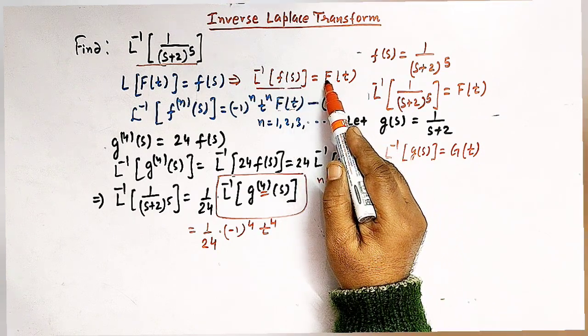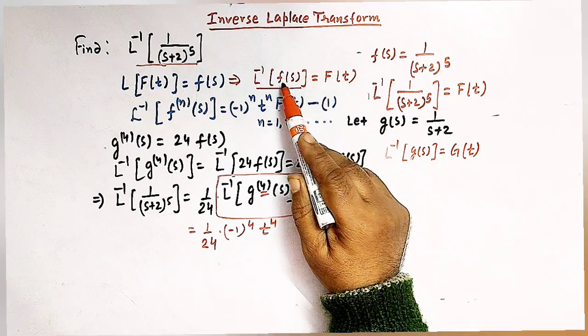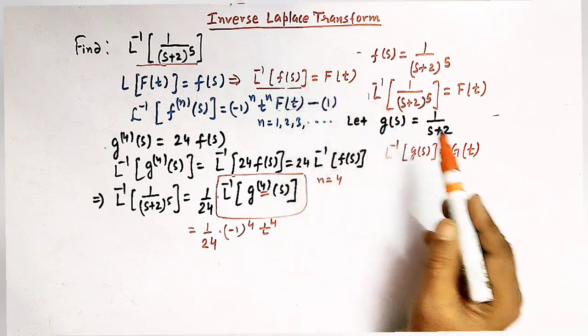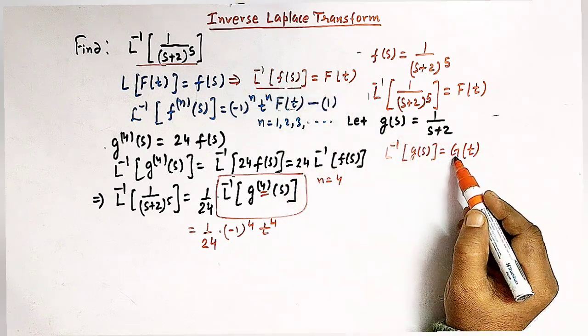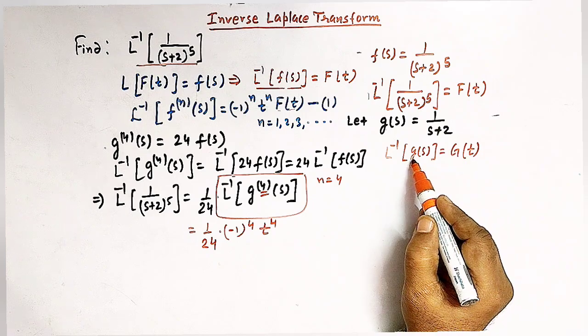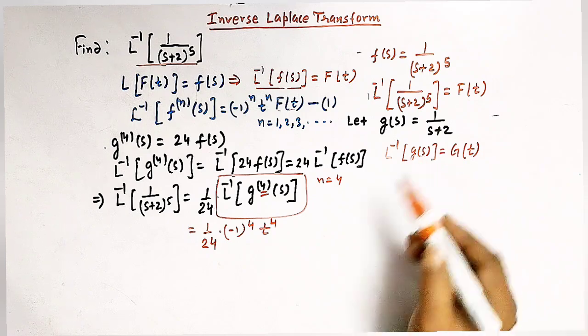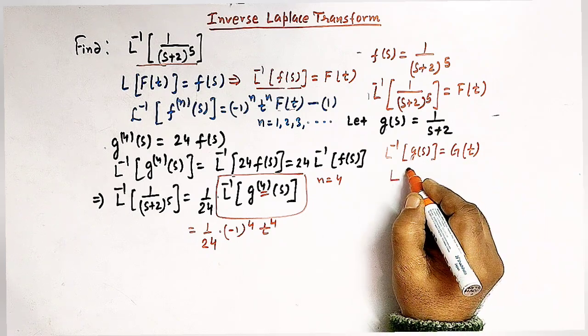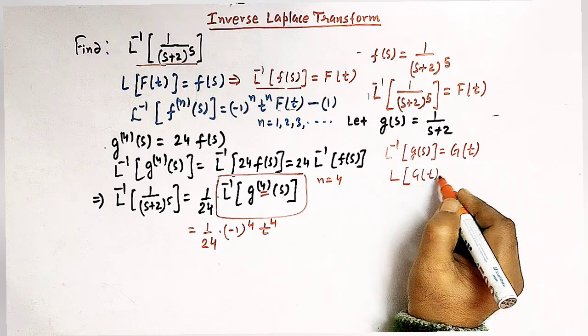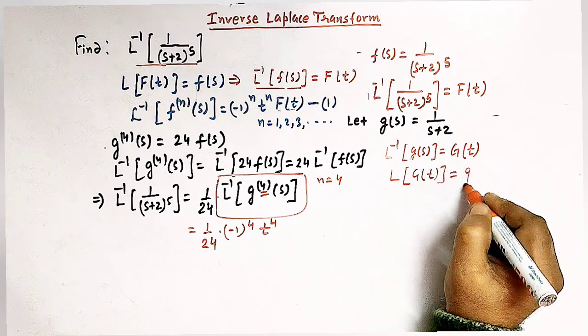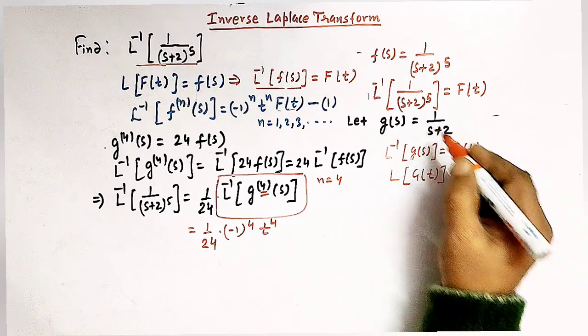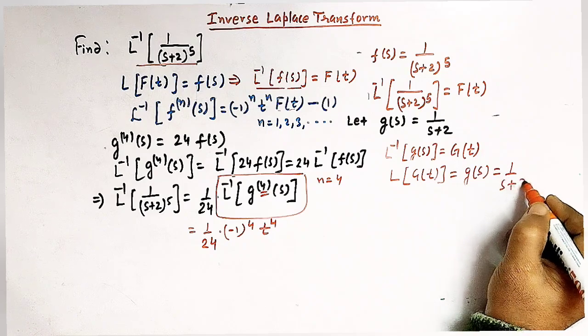So here we are taking capital F of t and small f of s, and here we have capital G of t, and here we have small g of s, right? So we can now write the Laplace transform of this function G of t is equal to g of s, that is equal to 1 over s plus 2.